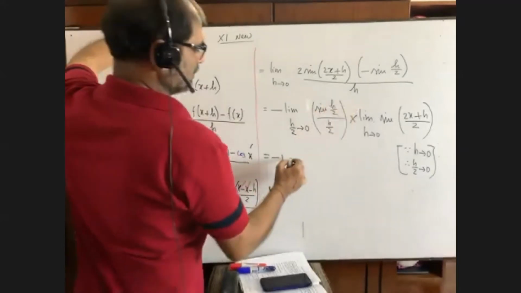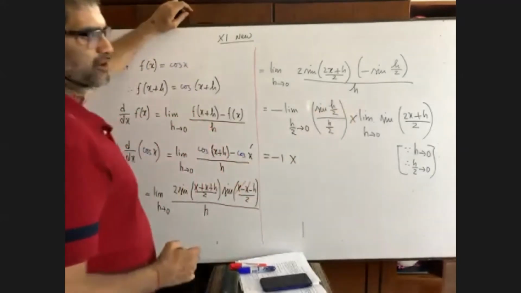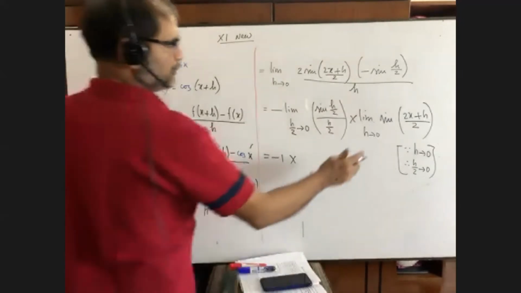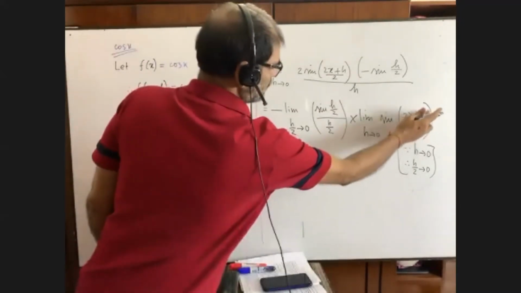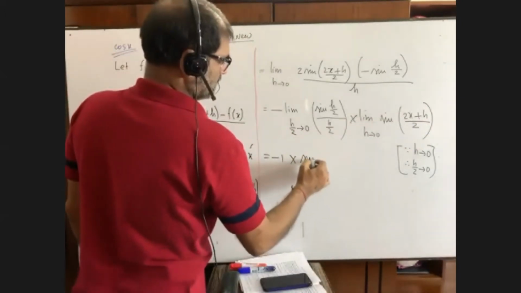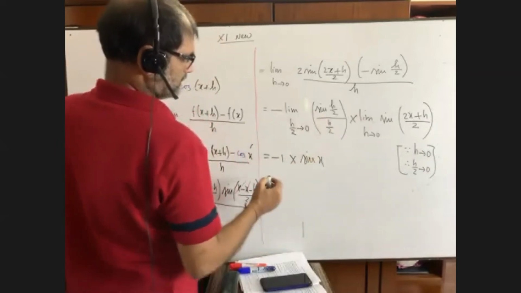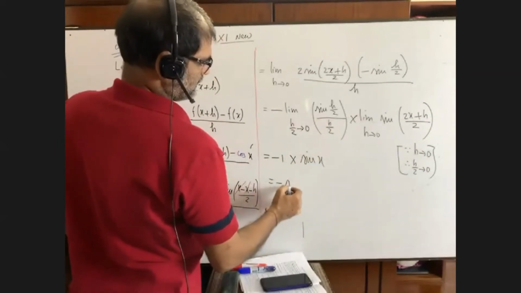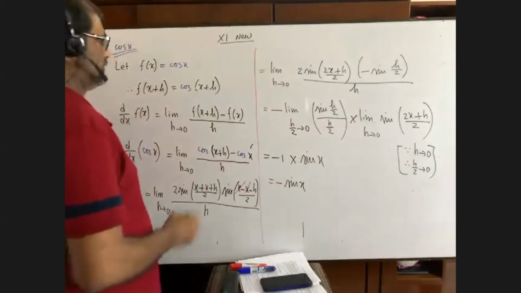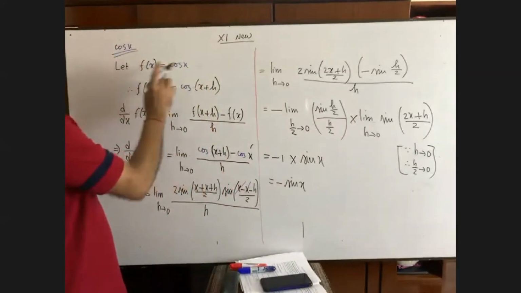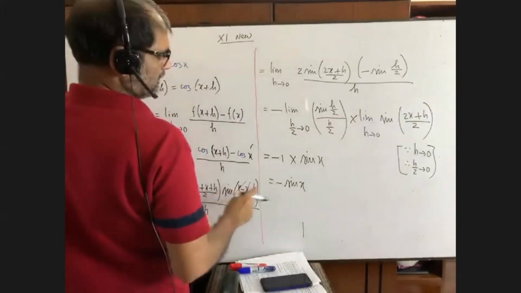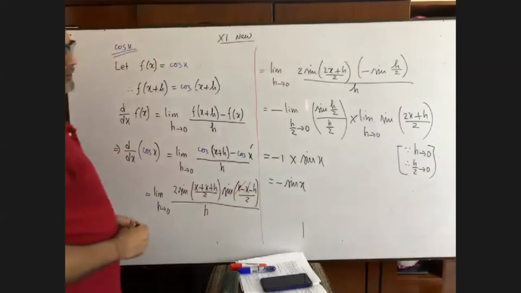Can you put the value of h equals to 0? If I put h equals to 0, then 2x by 2, that is x. We are getting sin x. That is our answer. So if anywhere from 2D onward, we see fx equals to cos x, then we will easily write minus sin x.